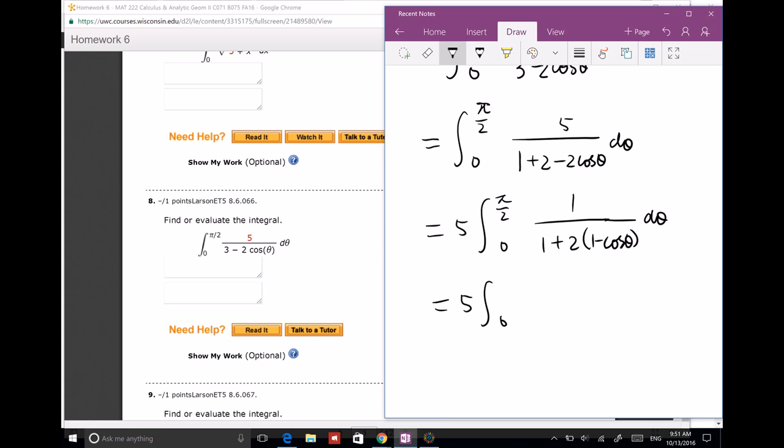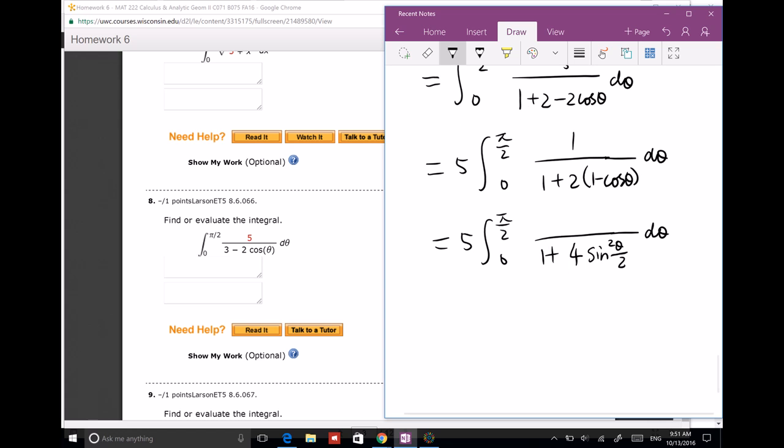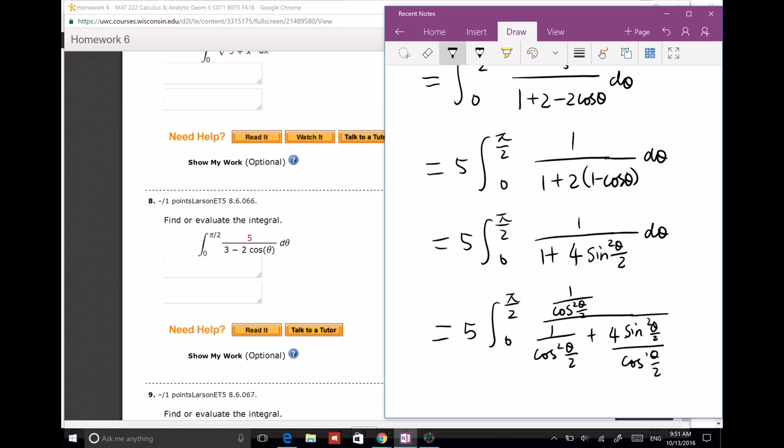We actually change that into 1 plus 4 sine squared of theta over 2 d theta. Then we divide both the top and the bottom by cosine squared of theta over 2, so 1 over cosine squared of theta over 2, and 1 over cosine squared of theta over 2 plus 4 sine squared of theta over 2 over cosine squared of theta over 2 d theta.